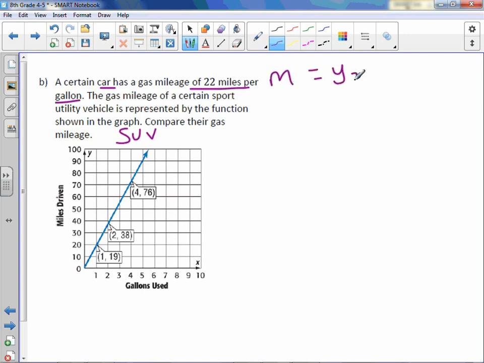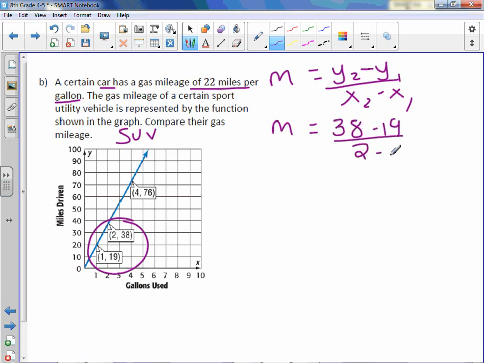M equals y2 minus y1 over x2 minus x1. I'll choose the first 2 points. 38 minus 19 over 2 minus 1, which is 19 over 1, or 19. So this is 19 miles per gallon.